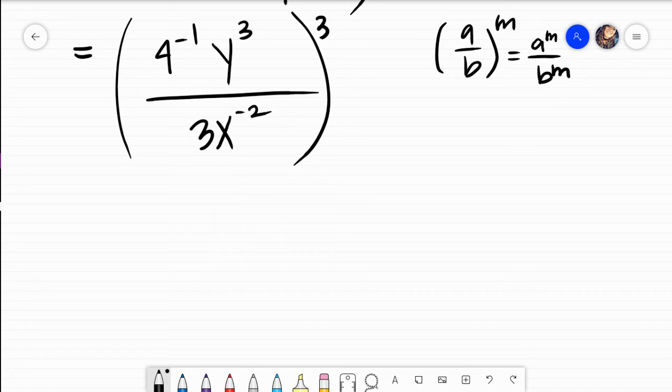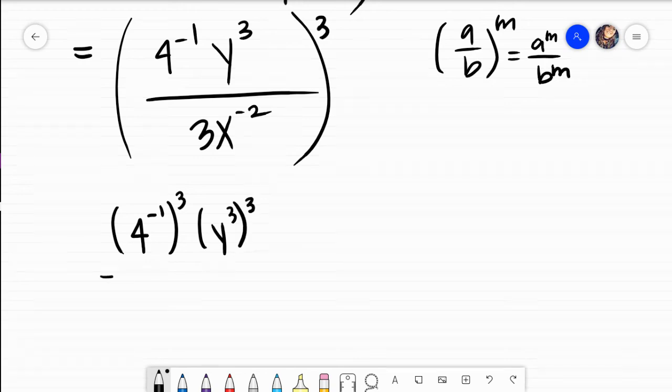So in our numerator, in parentheses, we have 4 to the negative 1, raised to the third power, parentheses y cubed, cubed again, and in the denominator 3 cubed. It's really easy to forget those little coefficients, those little constants, so make sure everything gets that power.